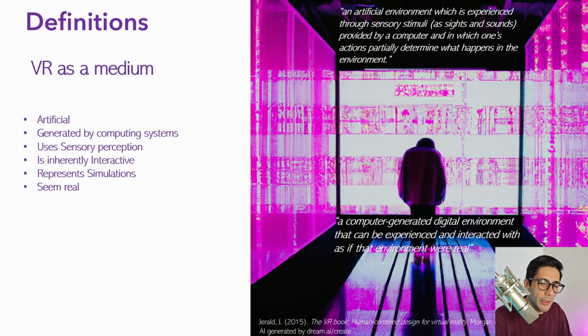This definition includes the discussion that, for our sensory perception systems, this should seem to be real, right? Even though we are aware inside the environment that this is not real, we acknowledge and respond to that environment as if it was real.